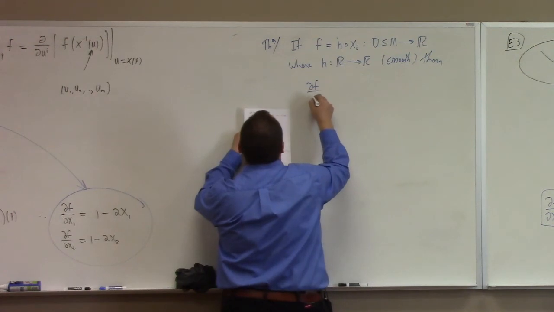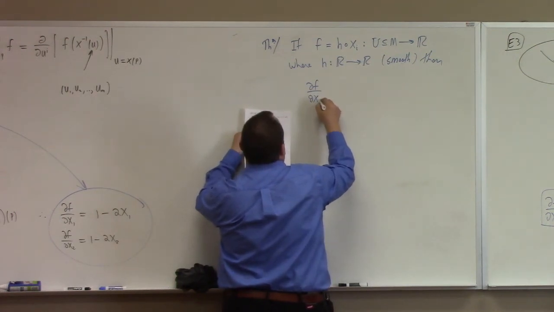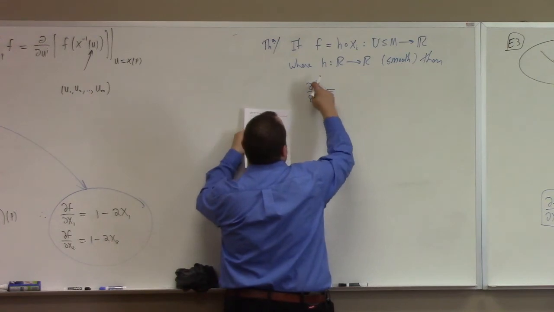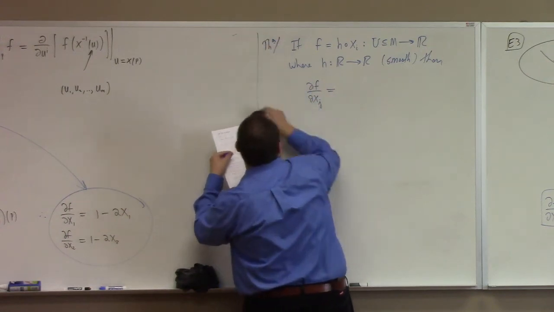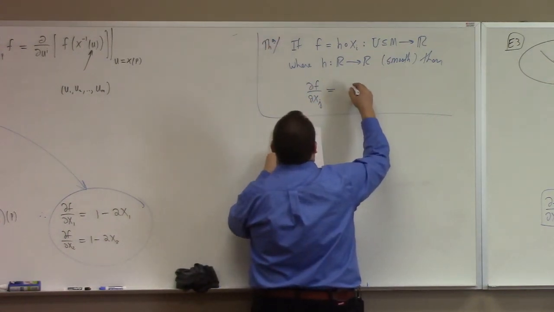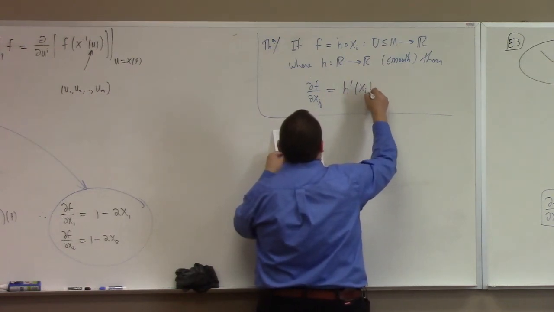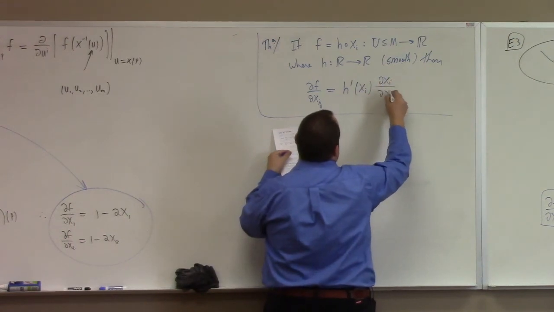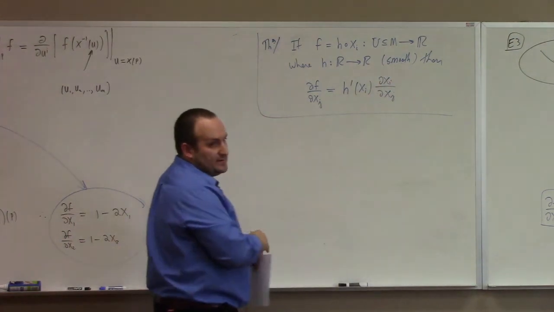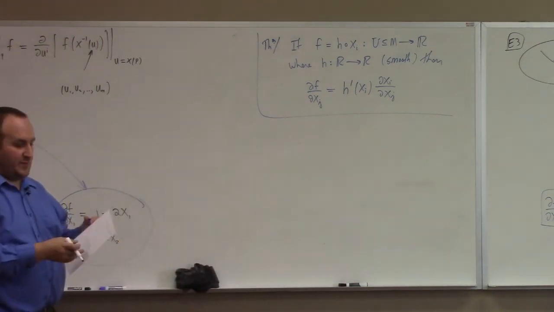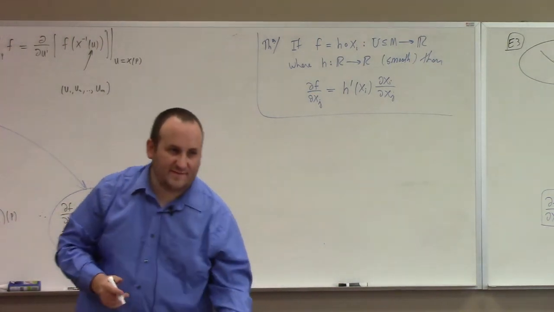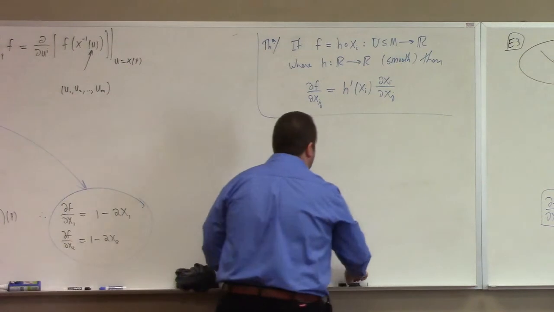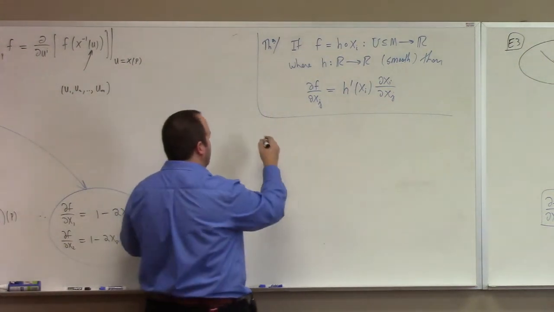When I calculate partial f, partial xj, what is it going to give me? Right, how about h prime of xi times partial xi, partial xj, right? That's what we're discovering in our examples. This isn't the full calculus, but it's a lot of what we need just to do examples. And here's the proof.